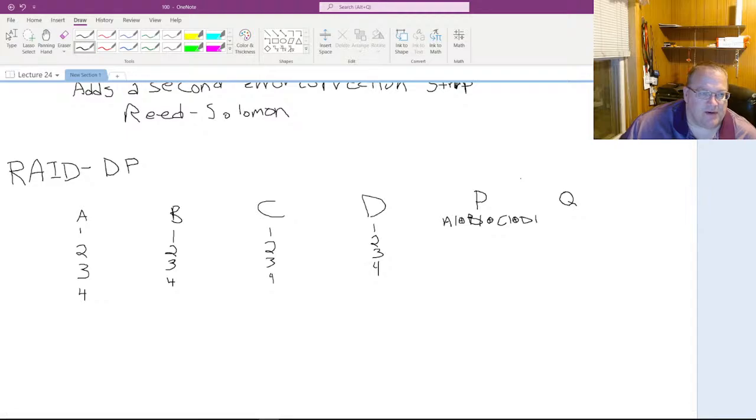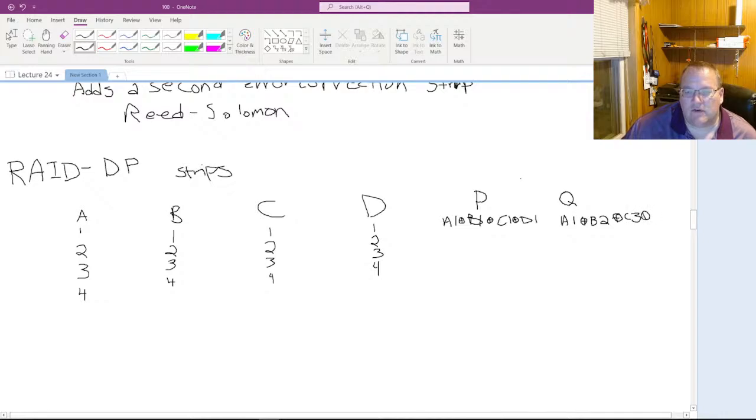And these are strips, by the way, not bits. Okay, so now this is where it gets a little interesting. This is A1 exclusive OR B2 exclusive OR C3 exclusive OR D4.